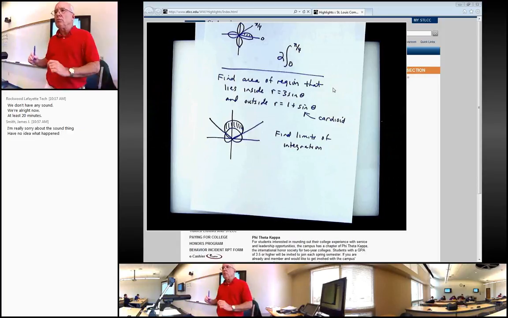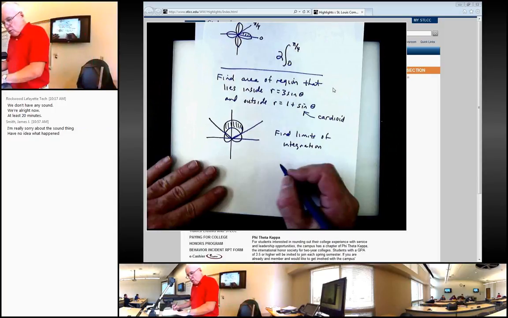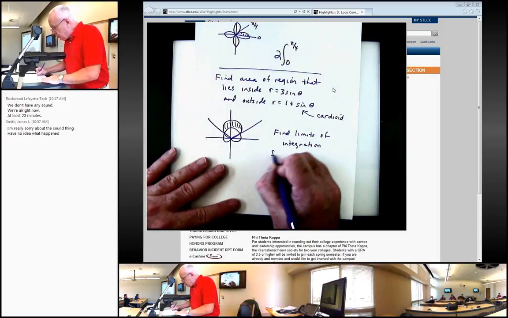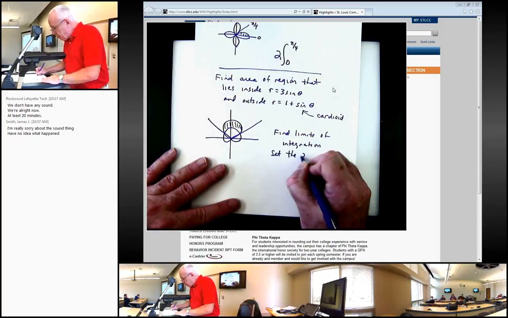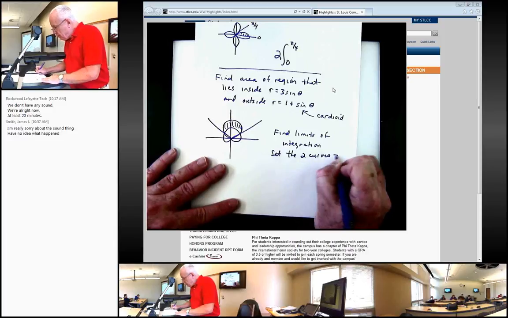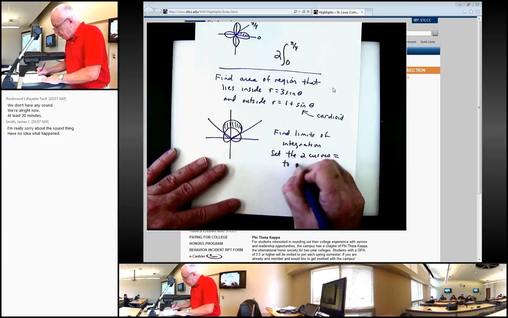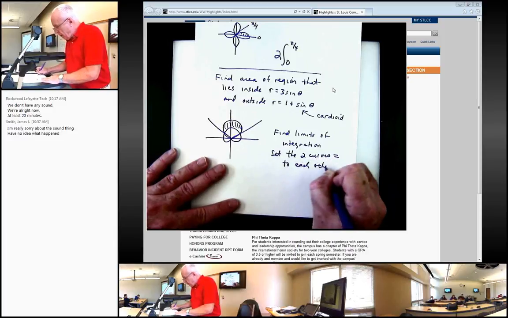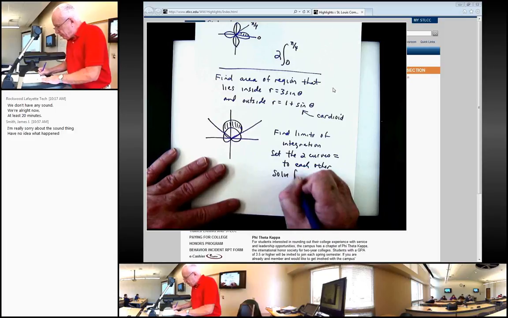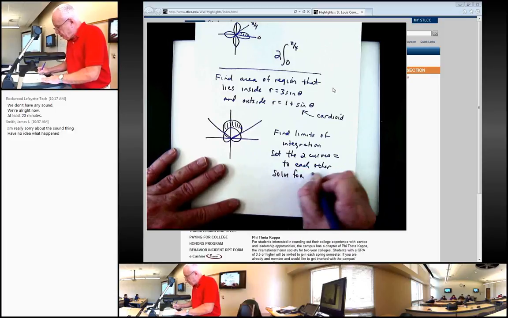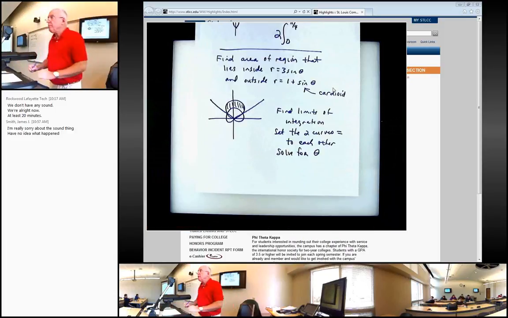The curves equal each other. That's where the curves join each other. So, set the 2 curves equal to each other and solve for theta. All right, so let's do that.